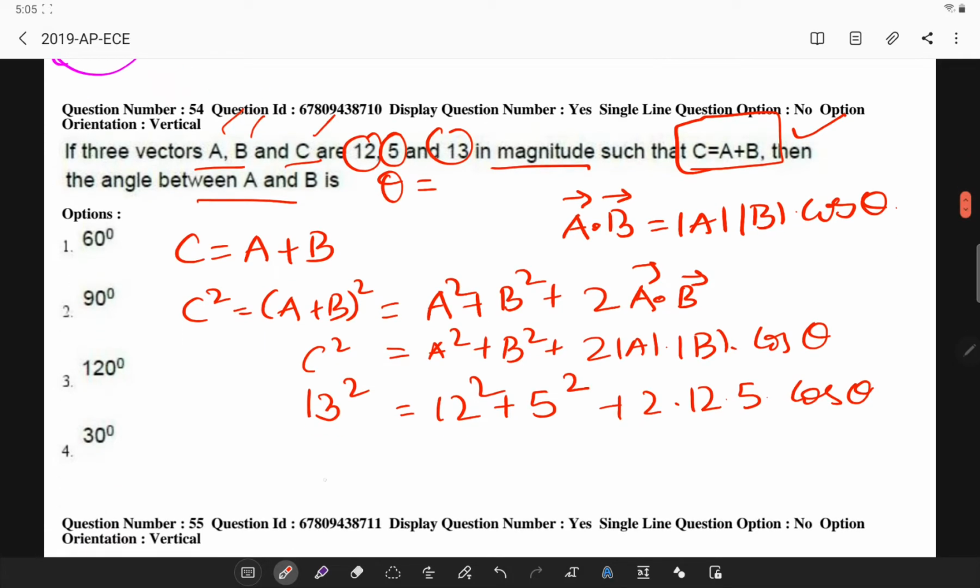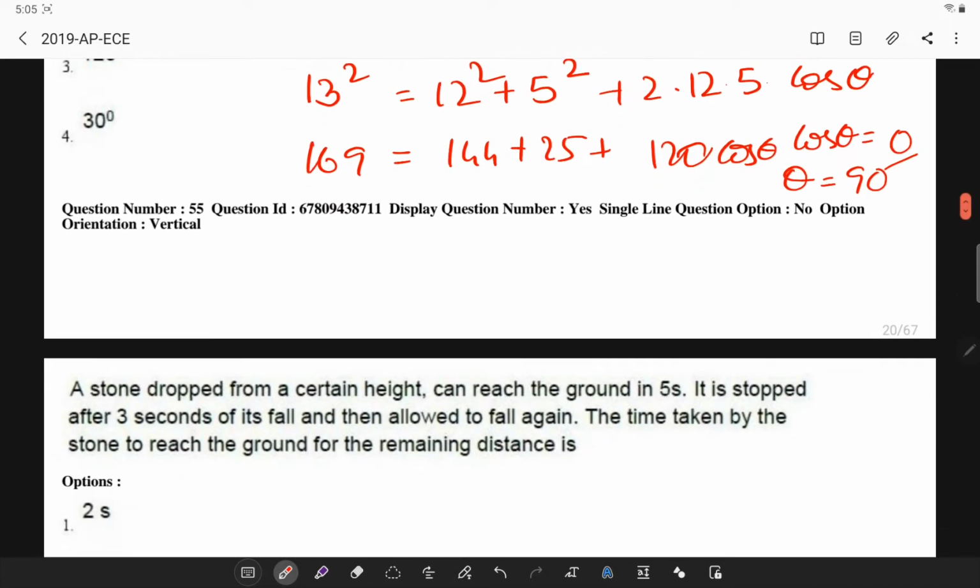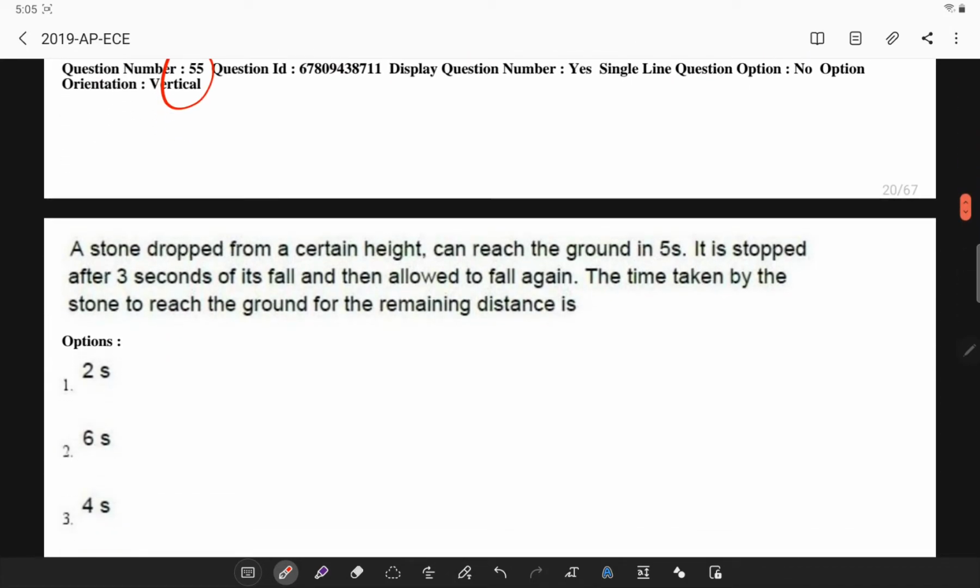So if I solve this, 169 is equal to 144 plus 25 plus 2 into 12 into 5, that is 120, cos theta, or cos theta is equal to 0, or theta is 90 degrees. Now let's go to the next question.